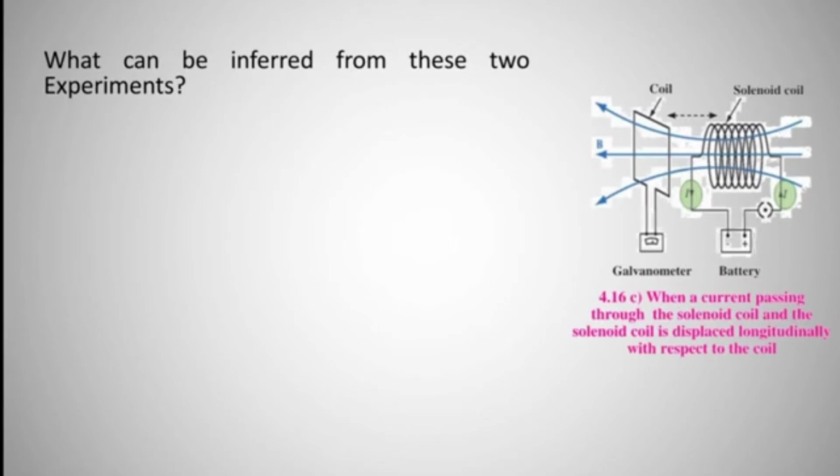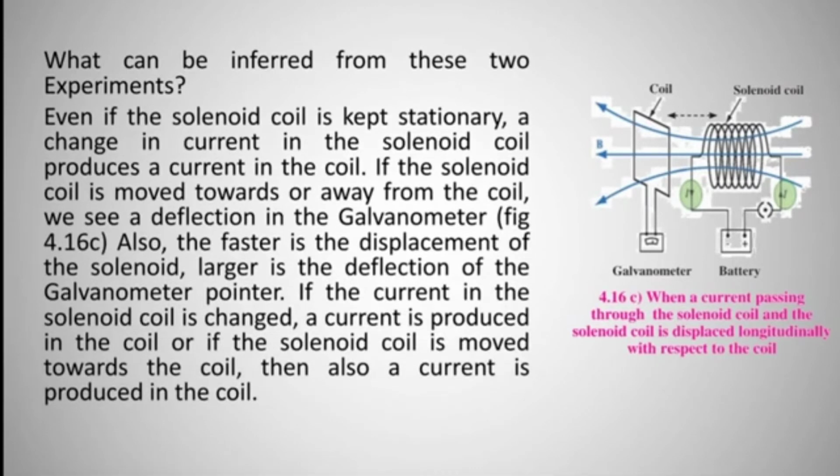What can be inferred from these two experiments? Well, even if the solenoid coil is kept stationary, a change in current in the solenoid coil produces a current in the coil. If the solenoid coil is moved towards or away from the coil, we see a deflection in the galvanometer.